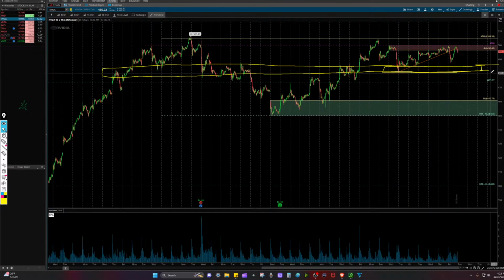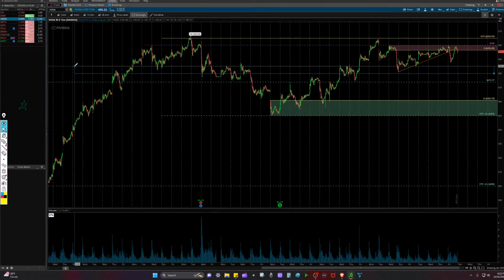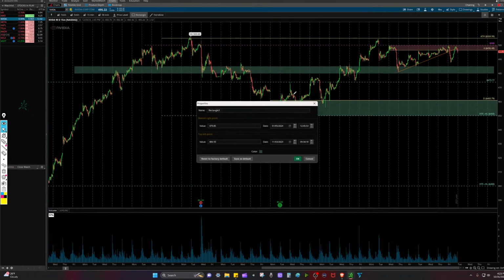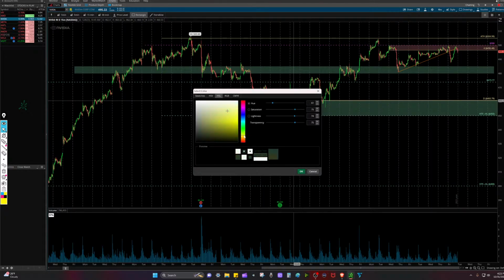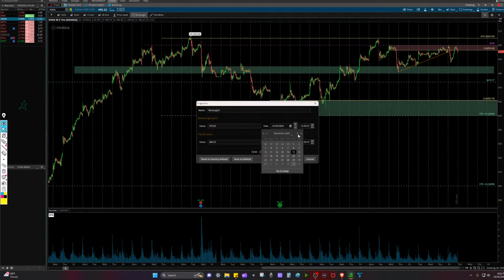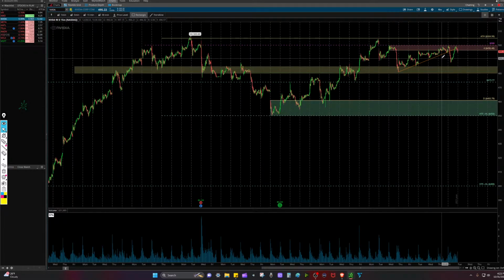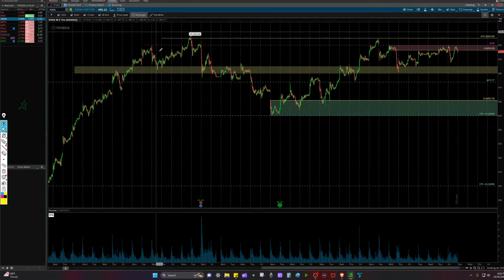This $5 area, 480 to 485, could be a very strong support or resistance. So I'm just going to mark it as a gray zone, possible supply or demand area.